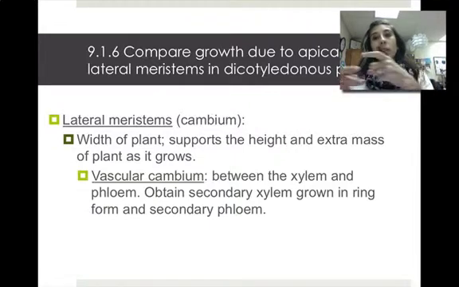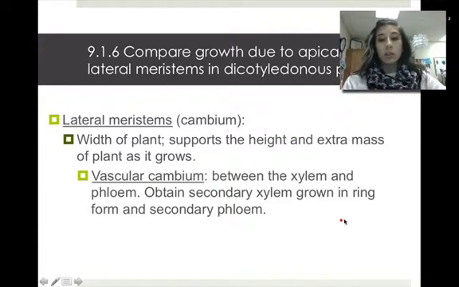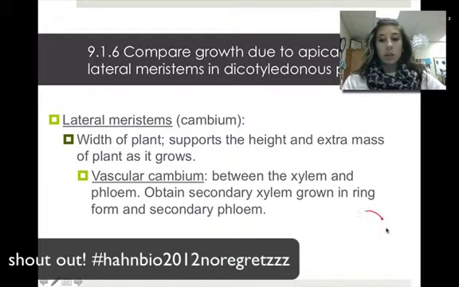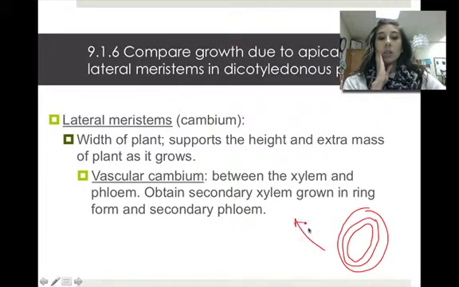For example, the secondary xylem we do see in trees, because we start to see the rings that grow. If you cut down a tree and you look at the dark rings and the light rings around a plant, they can look at annually and see how old the tree is, because this darker portion is going to be that vascular cambium.